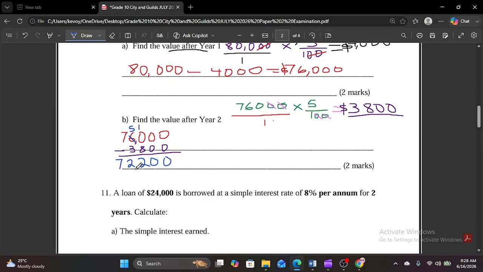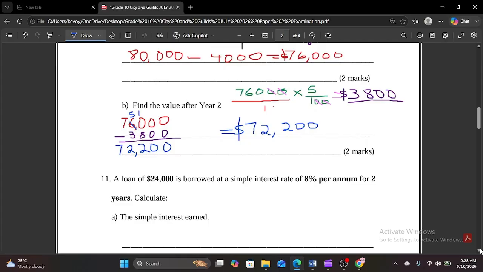So that's going to be your final answer. By the end of year 2, you have your final answer to be $72,200, because every year it's being depreciated by 5%.